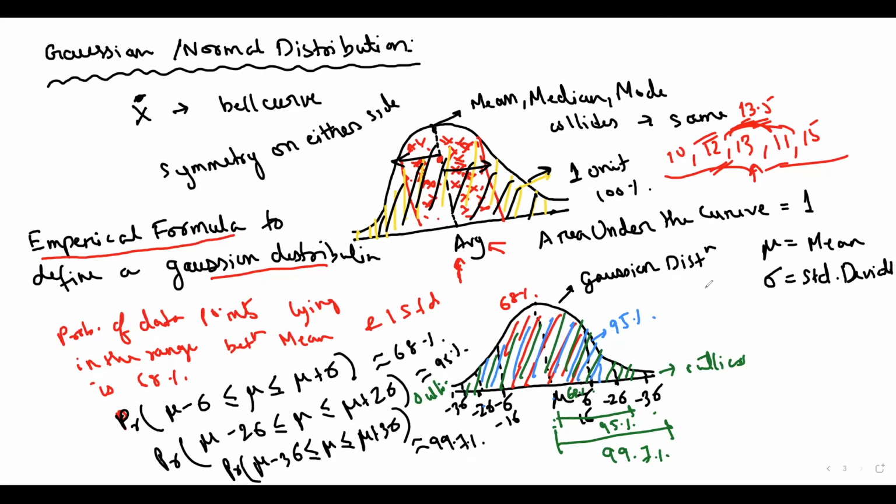Okay, but for now, just remember what the empirical formula is. It is the 68, 95, 99.7% formula. So if someone asks you, what is the empirical formula for Gaussian distribution?